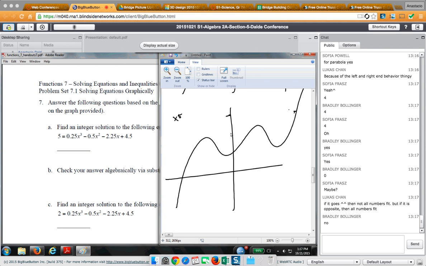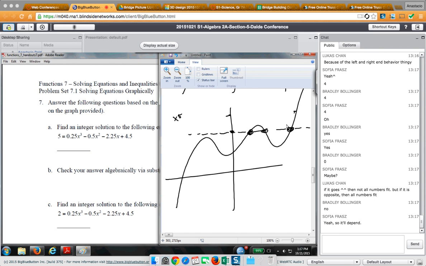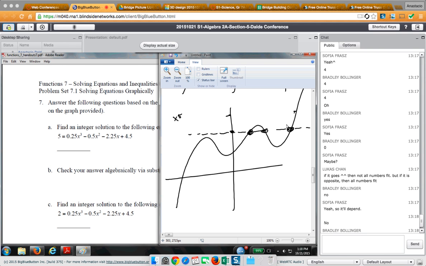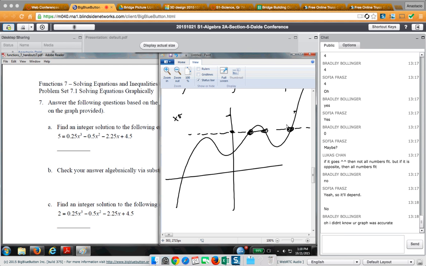Well, what about if I choose my y value right here, and then it's over here? That point, that point, and that point. Yeah, because the bumps don't always have to be the same; the bumps can be different. It depends on what numbers you choose. Will it ever have no answers? No.